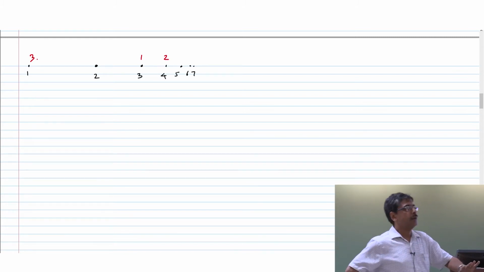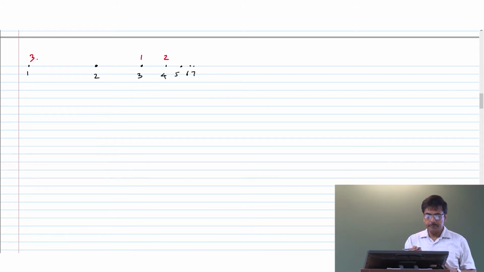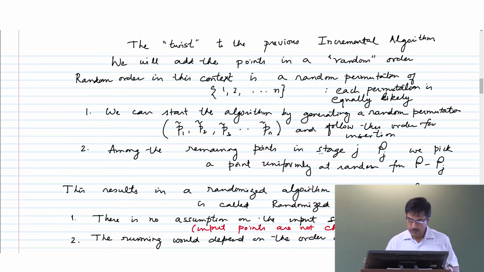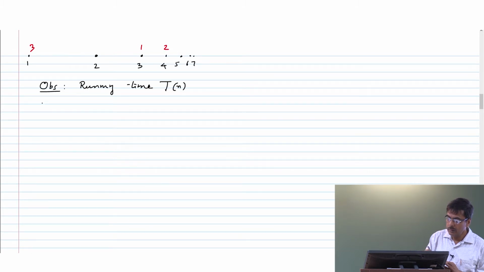What I am saying is that the most important thing is the running time. Let me put it this way. If I go back to the previous page, the observation is that the running time T(n) will depend on the permutation.